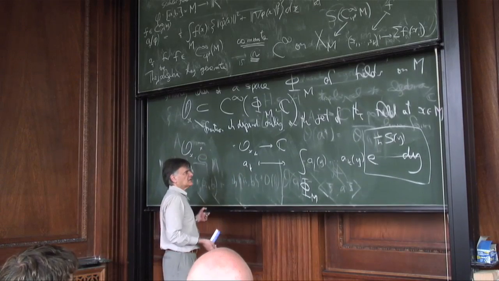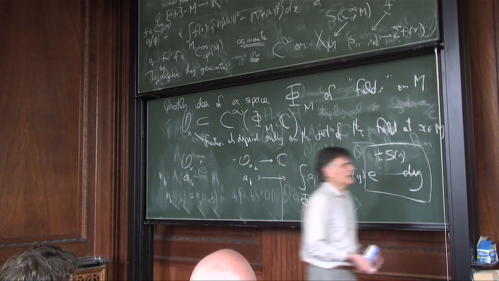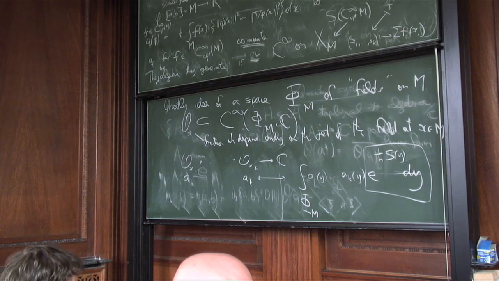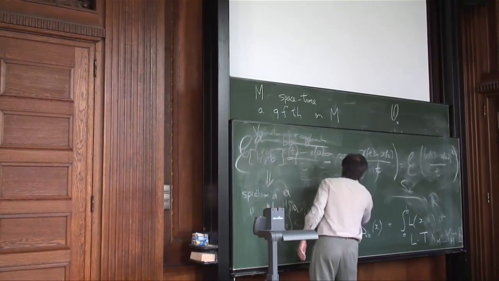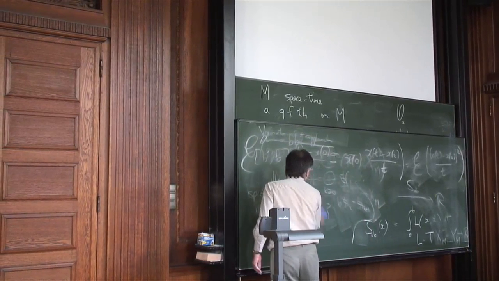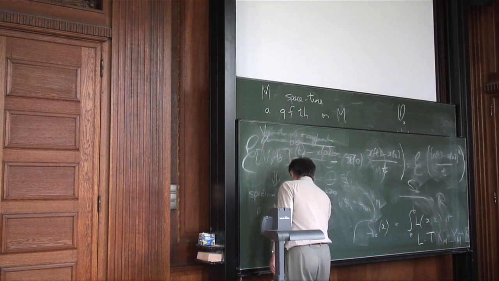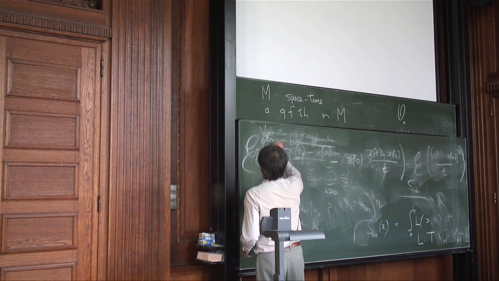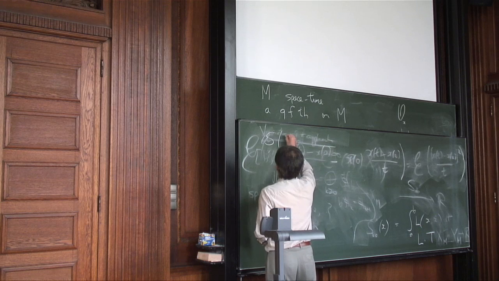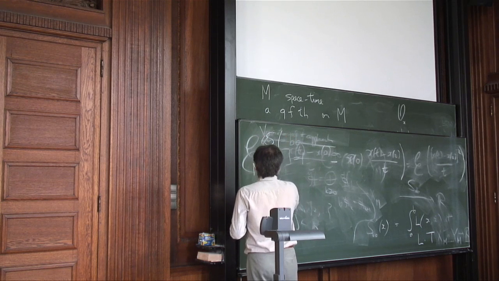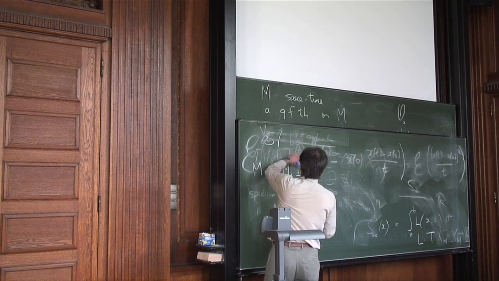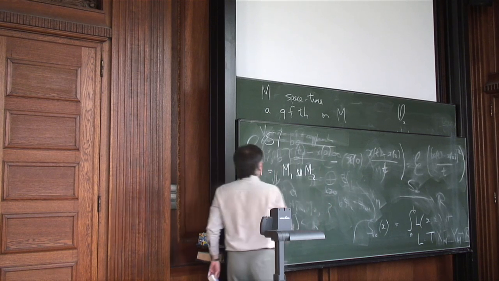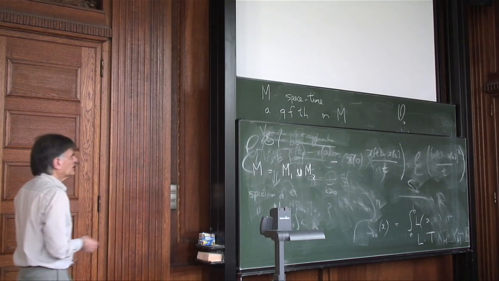So this S certainly has the following property, that the S is meant to be local in the sense that if we write our manifold as a union, let's divide it in the way that one does in measure theory into two disjoint pieces.